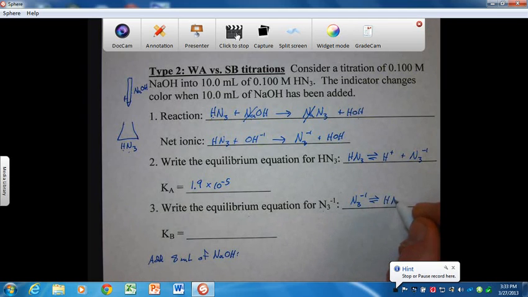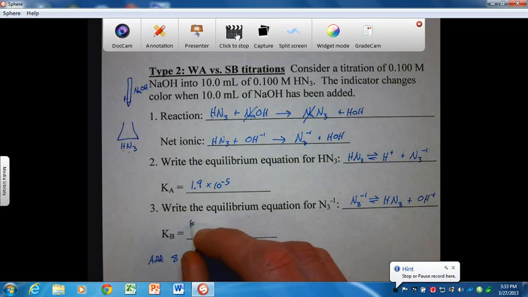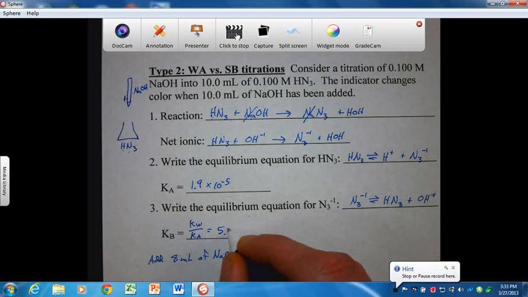So there it is, accepting a hydrogen, becoming neutral. And it accepts it from water, so when we take it away from water we're left with OH. The Kb is actually going to be the Kw over the Ka, and when you do the math it turns out to be 5.3 times 10 to the minus 10.